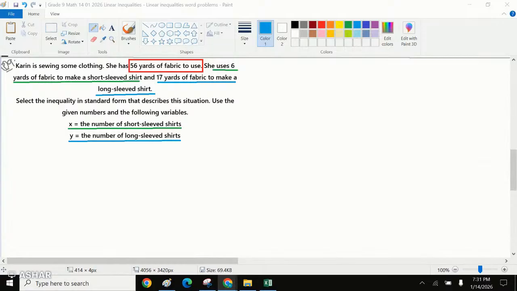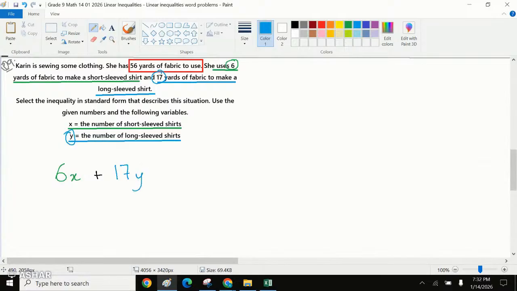That means she can use 56 yards or any number that is less than 56, but she cannot exceed 56, right? So let's start off with the question. 6 yards to make short sleeve, plus 17 yards to make a long sleeve, right?